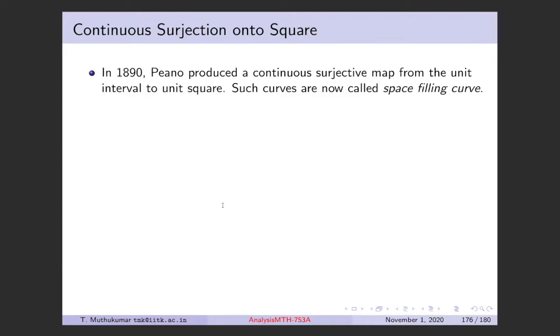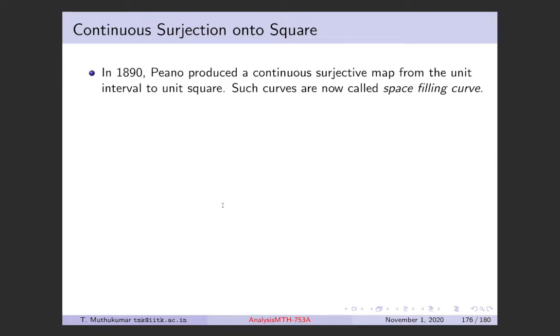So when you say there is a surjective map onto the square, it means every point of the square is achieved by this map, so the curve passes through all the points on the square.